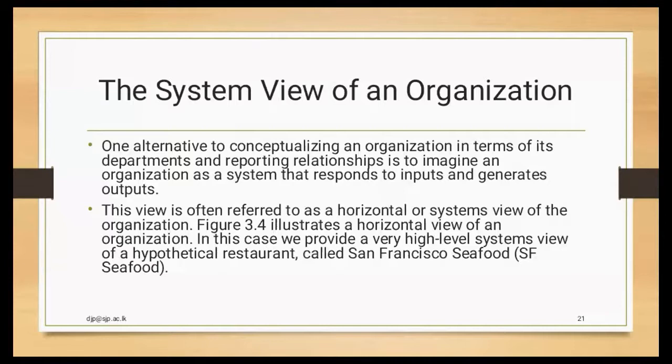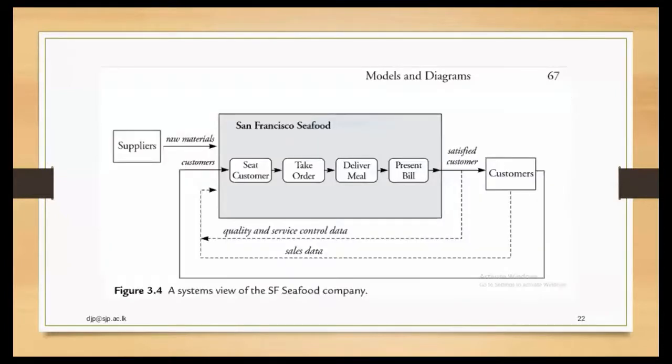So the system view, another name we can give it, is the horizontal view of an organization. In this case, we provide a very high level system view of a hypothetical restaurant called San Francisco Seafood Restaurant. So here we will take an example.